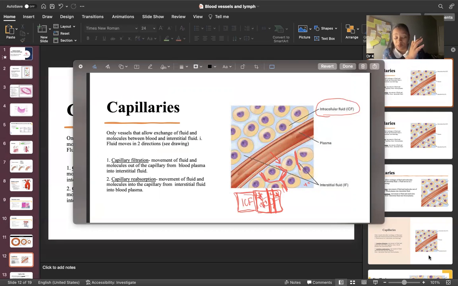Remember, if there's plasma protein inside of here, that means the fluid is going to get attracted into the ECF, right? But if it was in the ICF, the intracellular fluid, then the water is going to go towards there. It's going to follow where there's a lot more.